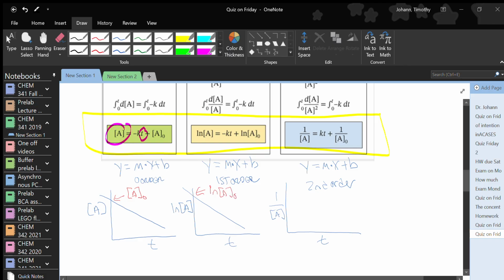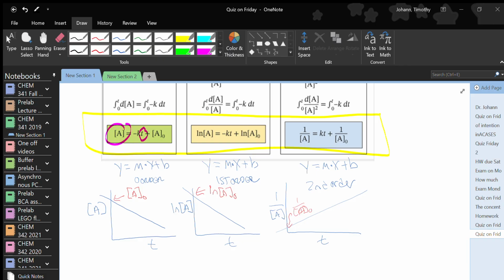Okay? And then finally, the last one, second order? Now we get a nice positive slope. And the intercept is 1 over A naught. Excuse me, questions?